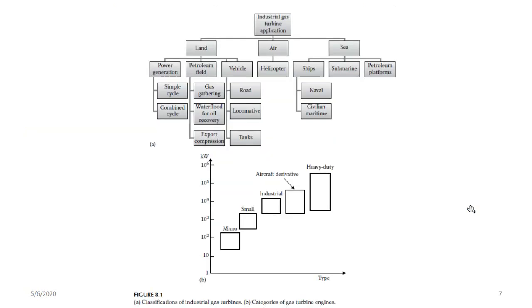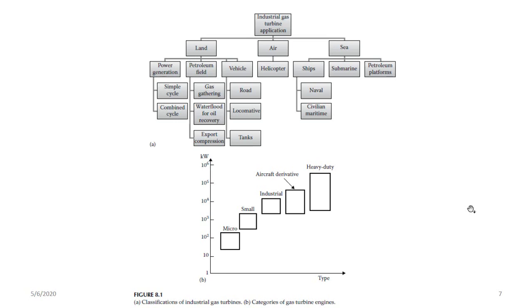If you look at this sketch on classification, you've got industrial gas turbine, application: land, air, and sea. For land application, you've got power generation, then you've got petroleum field, and you've got vehicles, and under each you've got the type of cycles.